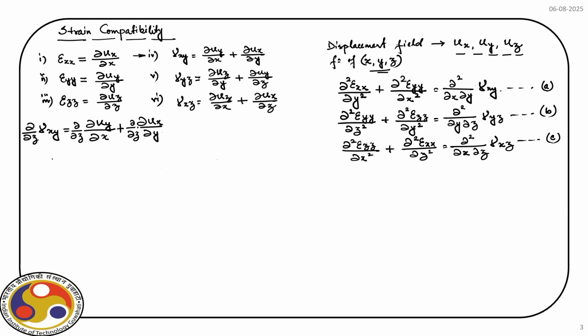Okay. Then let us consider gamma yz. The expression is this one. Now, we differentiate this quantity with respect to x. So, on both sides we differentiate with respect to x.